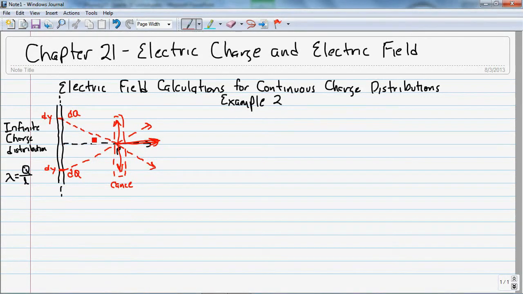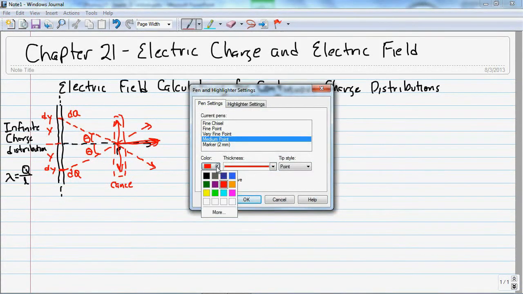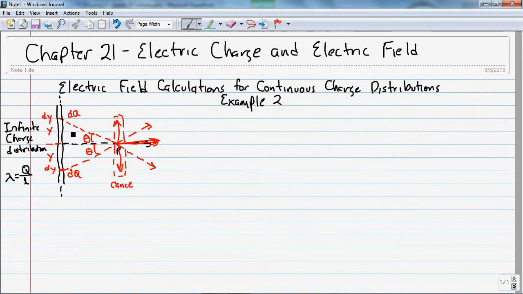And also my angle theta is going to be the same. The other thing I know is that my differential length is some distance y from this origin. And I'm going to know x, that will be given to me.